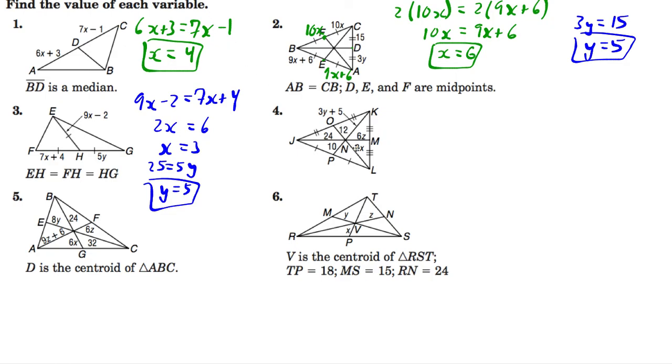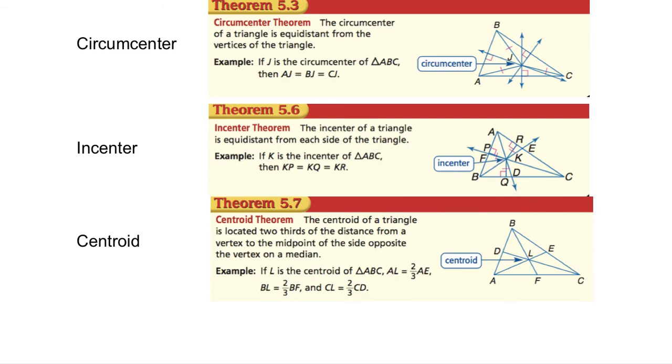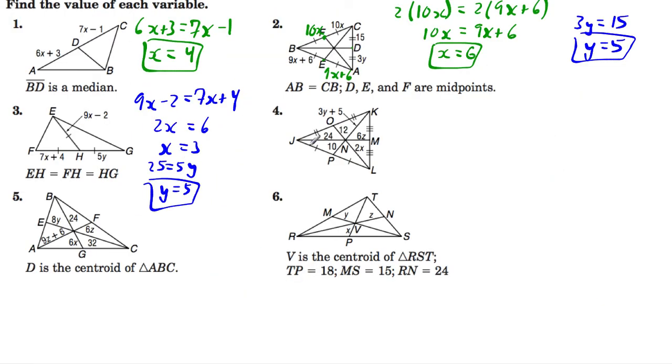Whole bunch of drawings on this one, but notice these are all medians. And so that means that this is the intersection of medians, which is a centroid. And so for a centroid, we have that special theorem. So here for x, we know that 2 times 12 is equal to 2x.